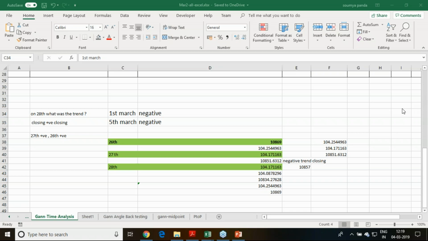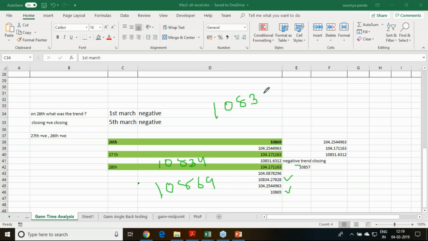So here we have found that 27th is a trend negative closing. For 28th, in the same way we have calculated the 15-degree resistance and support. It has come to 10,869, taking 10,851, and we also got 10,834.